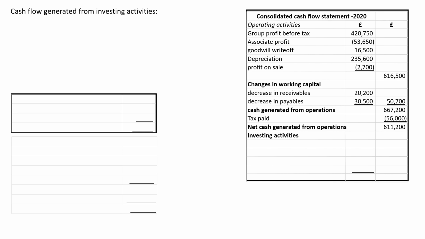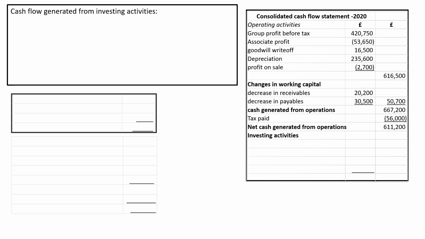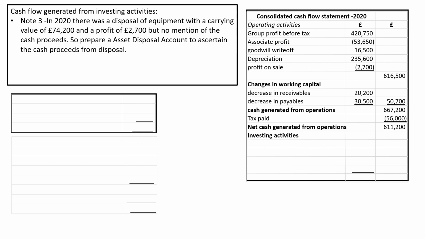Alright, cash flow generated from investing activities. Now in note 3, in 2020 there was a disposal of equipment with a carrying value of $74,200 and a profit of $2,700 was made, but no mention of the cash proceeds. So prepare an asset disposal account to ascertain the cash proceeds from disposal.